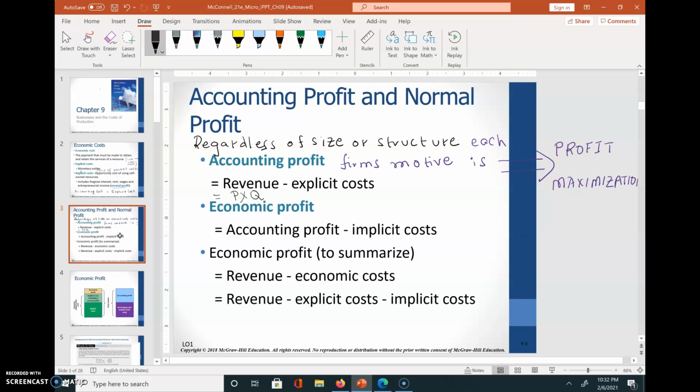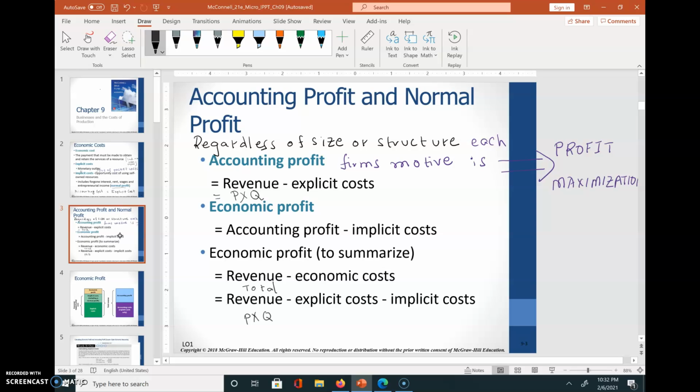And economic profit is the total revenue, again the price times quantity. From that we subtract the explicit cost and the implicit cost of production. So for accounting profits, we are taking off the accounting cost from total revenue, and when we calculate economic profit, we are taking off economic cost from total revenue.